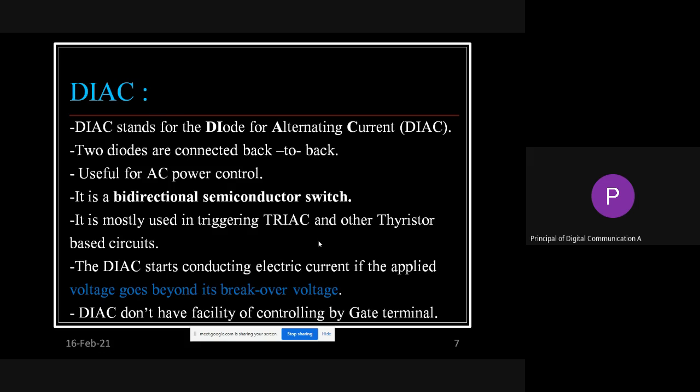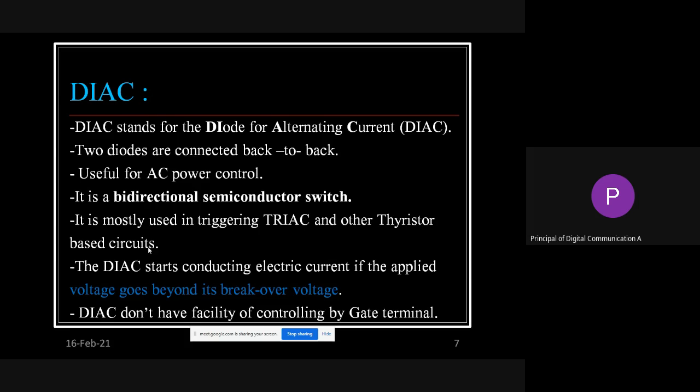The main application is AC, alternating current, power control, as well as triggering the triac and other thyristor based circuits. These are the general applications of the diac.